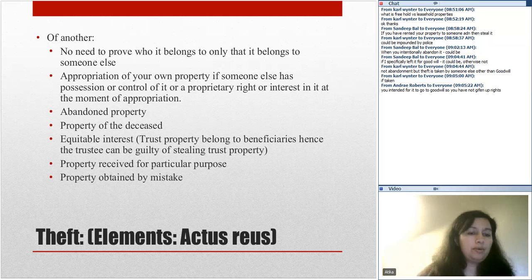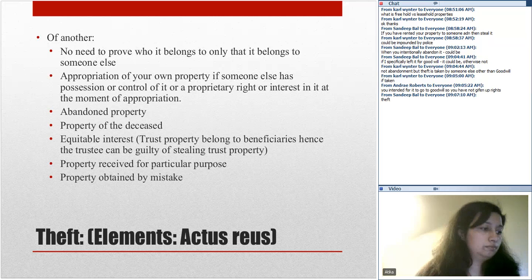What about the property of the deceased? A person is dead. There is $50,000 on his body, in his pocket. Somebody steals it. There was a case on it, if you guys remember. What about that? It's theft. How is it theft?